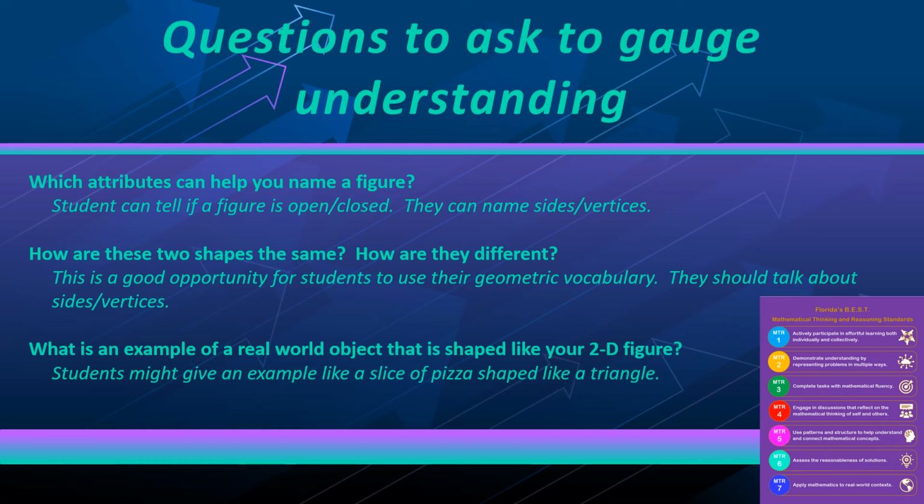Here, a student might talk to us about how a slice of pizza is similar to a triangle and how they know that to be the case. These types of questions also allow our students to demonstrate our mathematical thinking and reasoning standards, also called our MTRs. Specifically, they will be exhibiting numbers 1, 4, and 7.